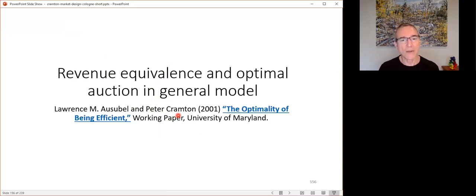Now, I wanted to generalize the revenue equivalence theorem that we had from before, and also talk a bit about how the optimal auction extends from what we had before. And so this actually is very nice because it's going to show you exactly how much we can generalize and still keep things extremely simple.